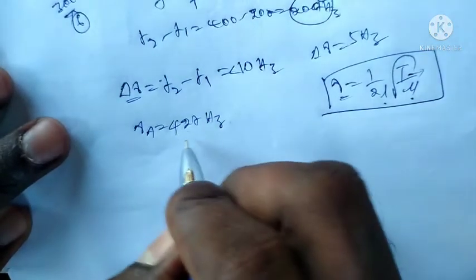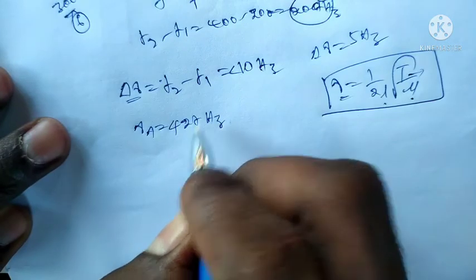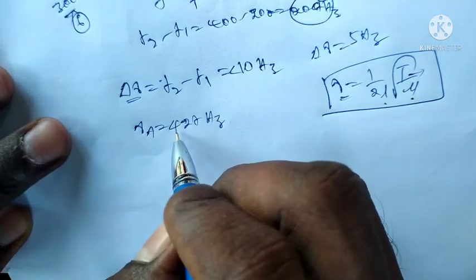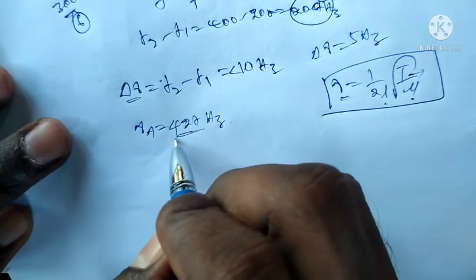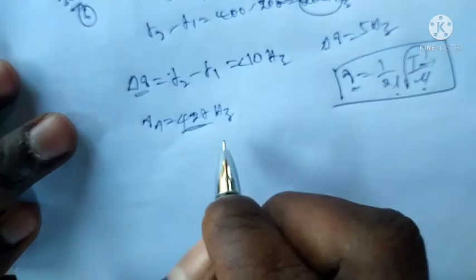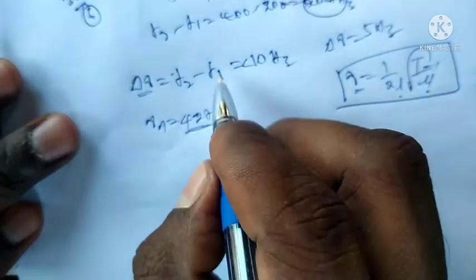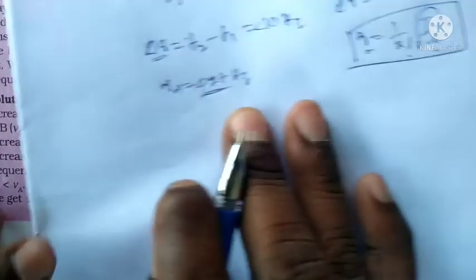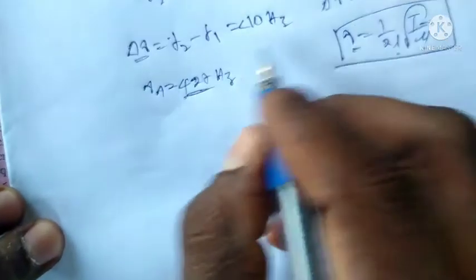That is, the second frequency f2 is greater than 427. The frequency increases, but f2 is higher.